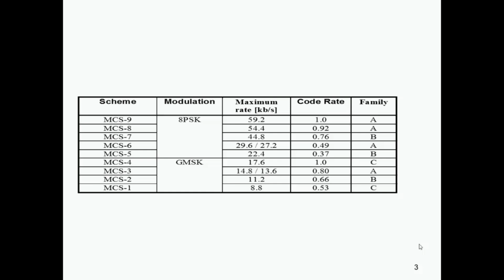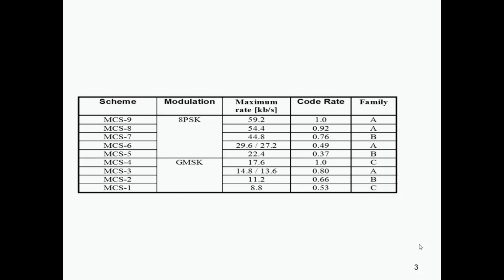In MCS8 the data rate is less, which is 54.4, because we have to send some error protection bits or error checking bits in it, due to which its coding rate is also 0.92, and it also belongs to family A. Similarly, in all other MCS we add more check bits, therefore the data rate on that MCS is low and the coding rate value is decreased because of the more error checking bits.